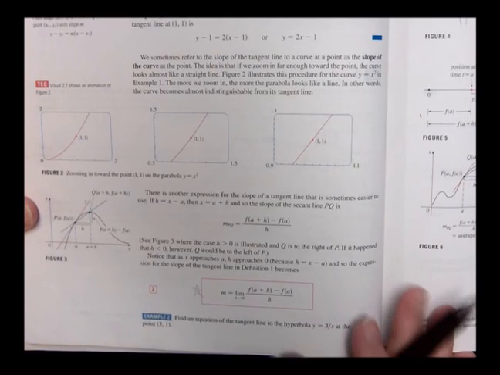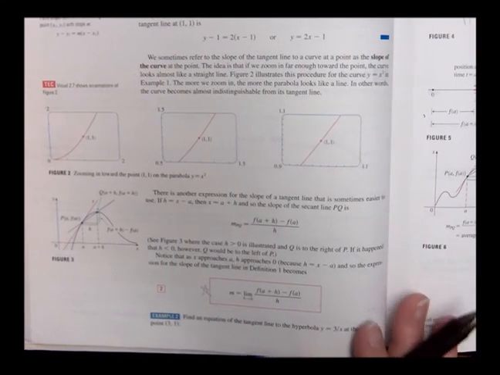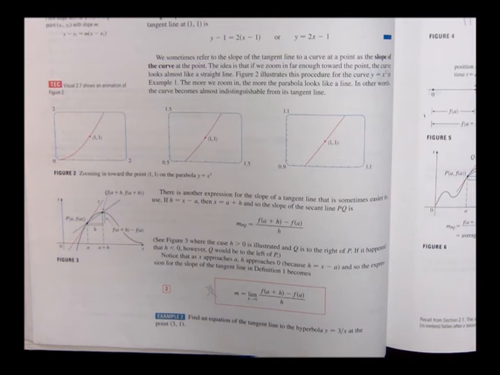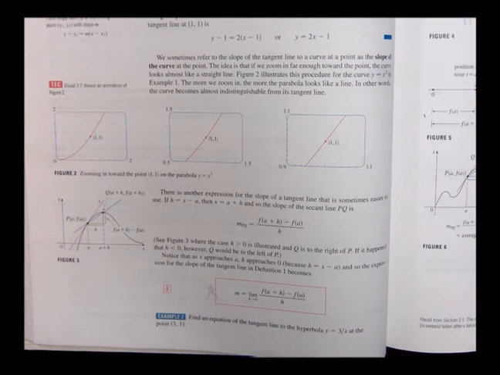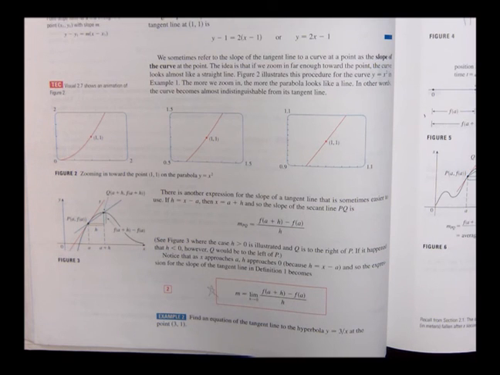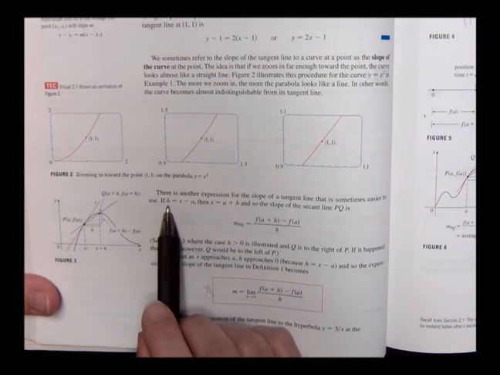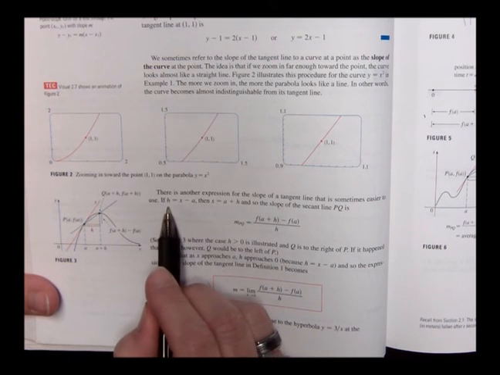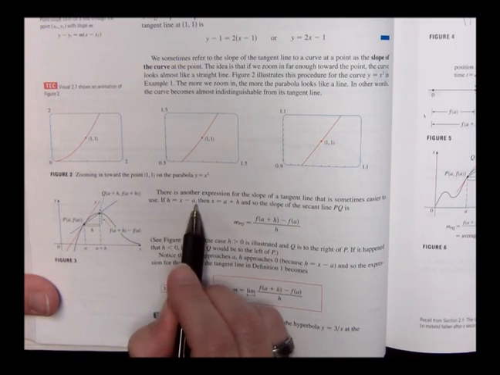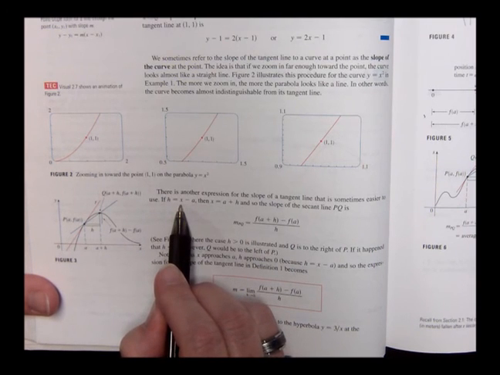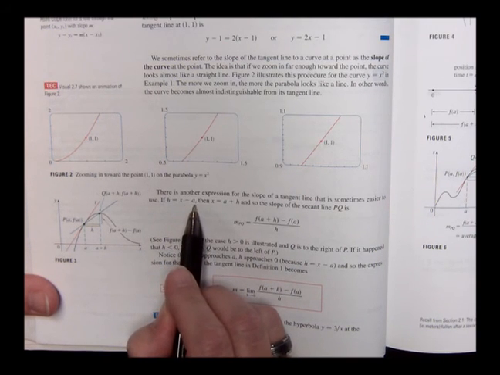Again, we're still talking about the same thing, but we're going to look at it in a slightly different way. Here is another expression for finding the slope. Sometimes this is an easier expression. Sometimes it's not. So if we know that h is x minus a. Now, x is the point that I'm looking at, and a is the point that I'm wanting to approach.